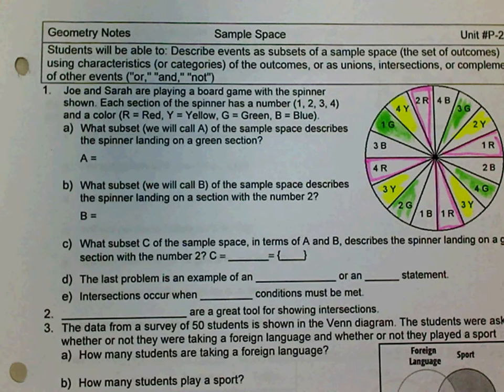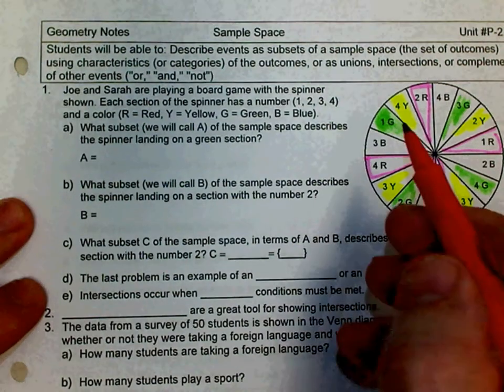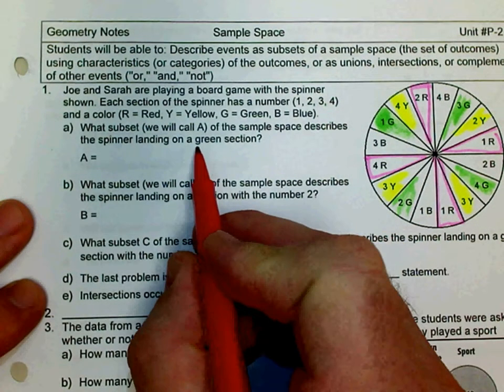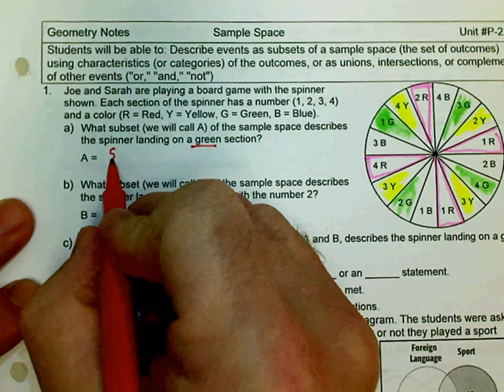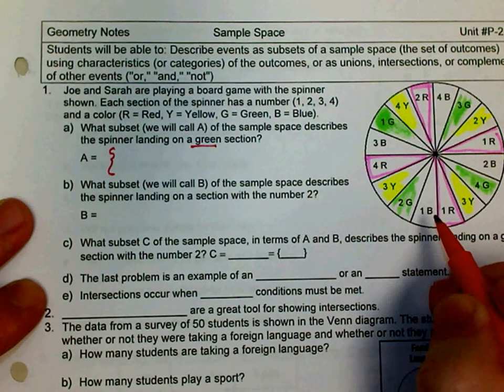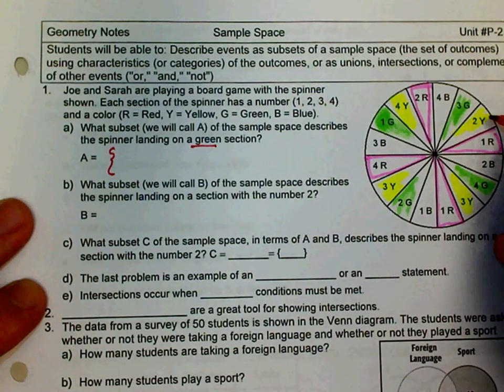First thing we'll do is answer the question, what subset will we call A of the sample space described in the region above or to the left? In this, we are landing on green. All of those that are green will be this set of items.